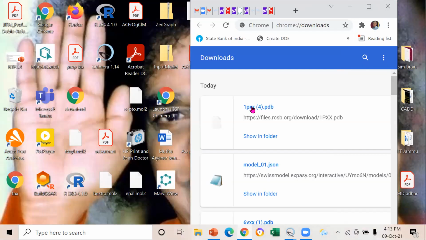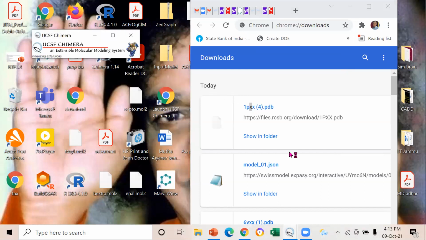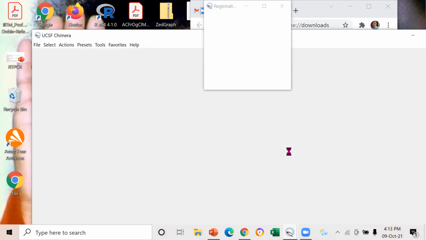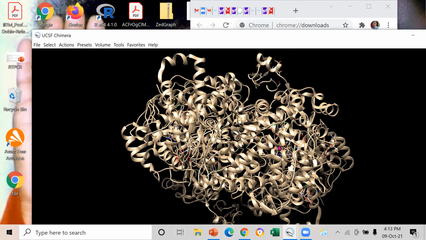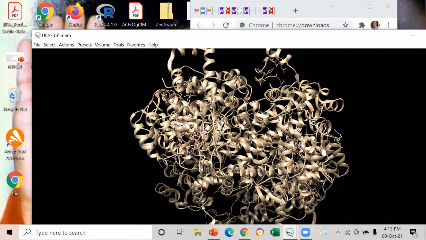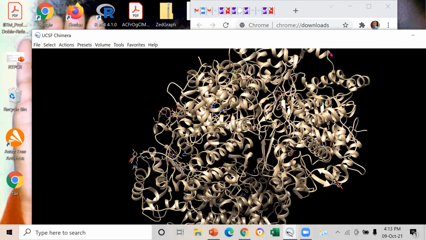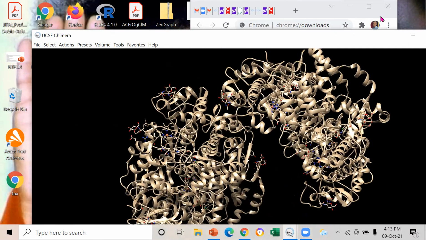Then I have to take it to UCSF Chimera, because most of the docking programs can accept only 15,000 atoms. And like I said, they will not have hydrogens.